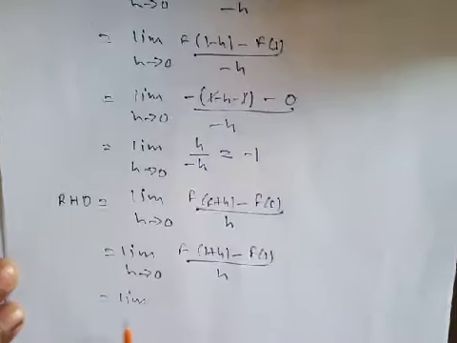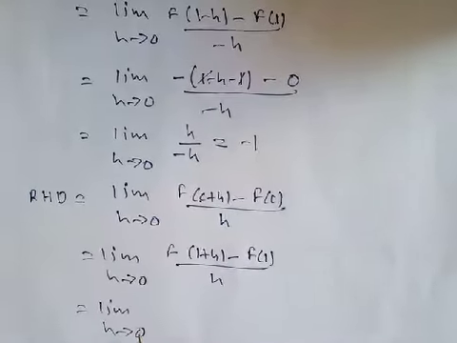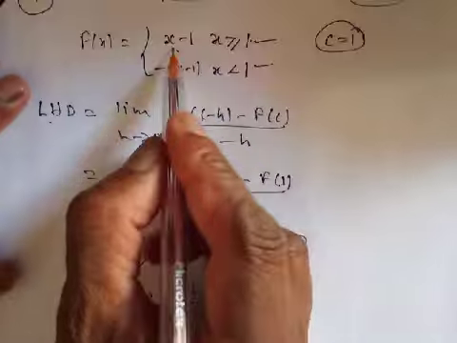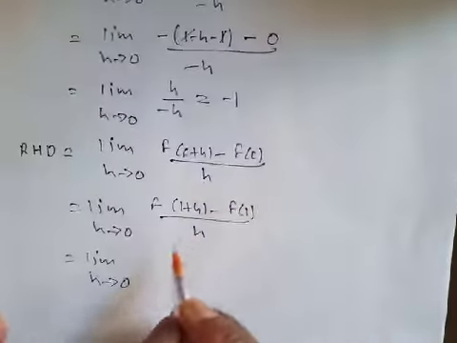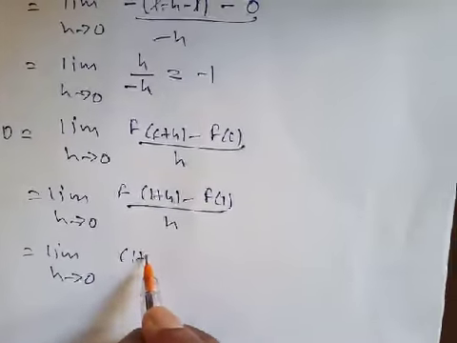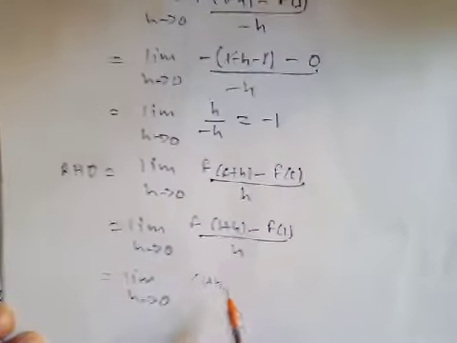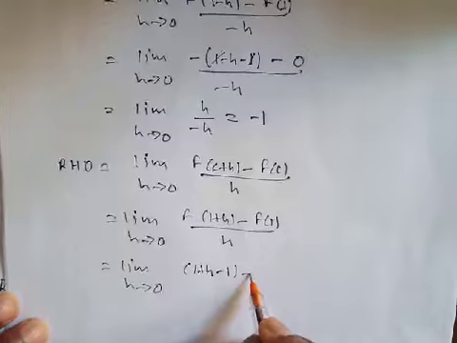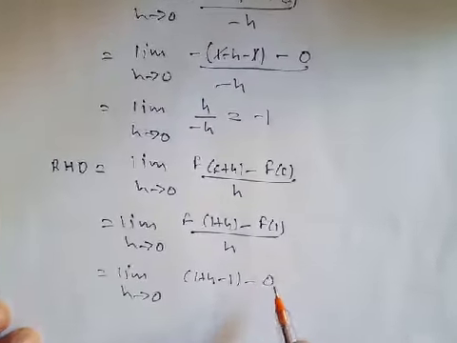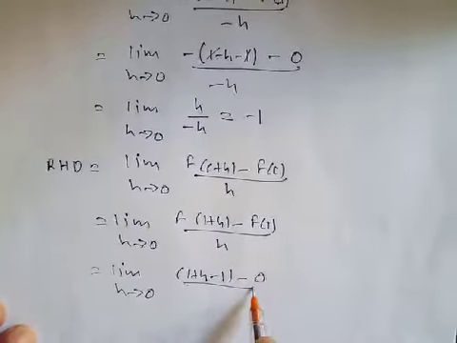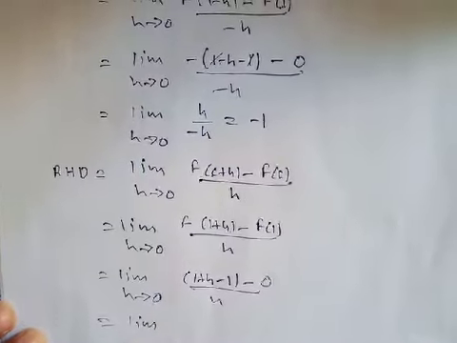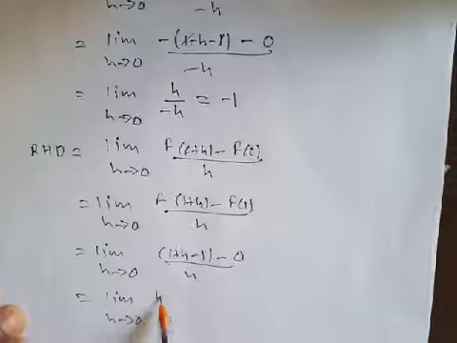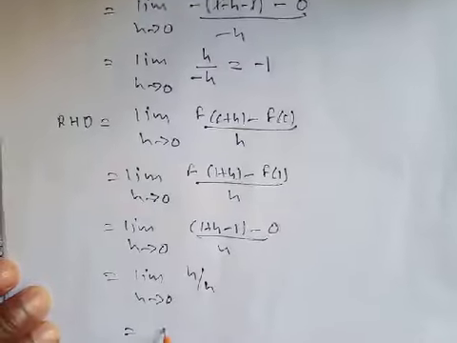F of x is what? Here you see greater than 0, x minus 1. So x is 1 plus h, so it will become 1 plus h minus 1. F of 1 is also 0 here. Minus 1 and plus 1 cancel out. So we get limit h tend to 0, h upon h. What is h upon h? 1.